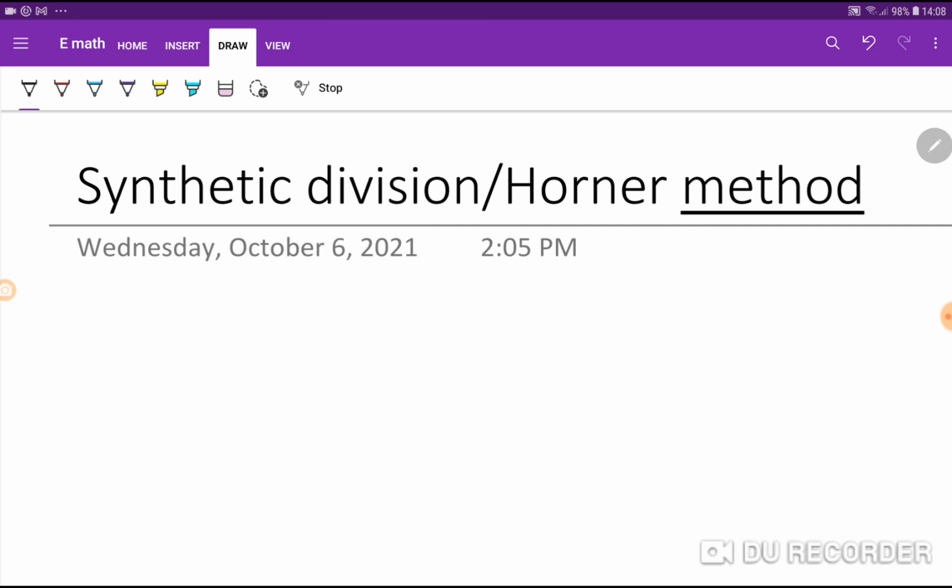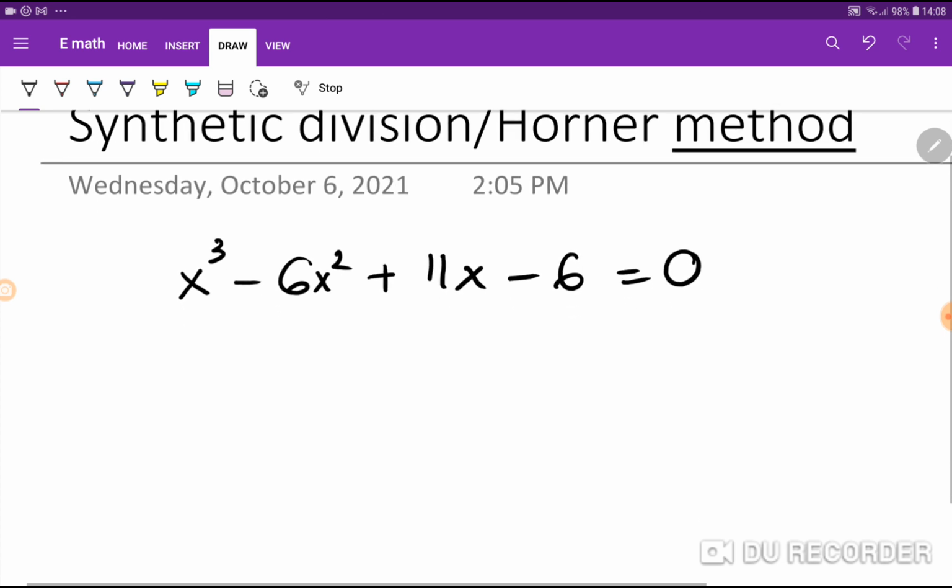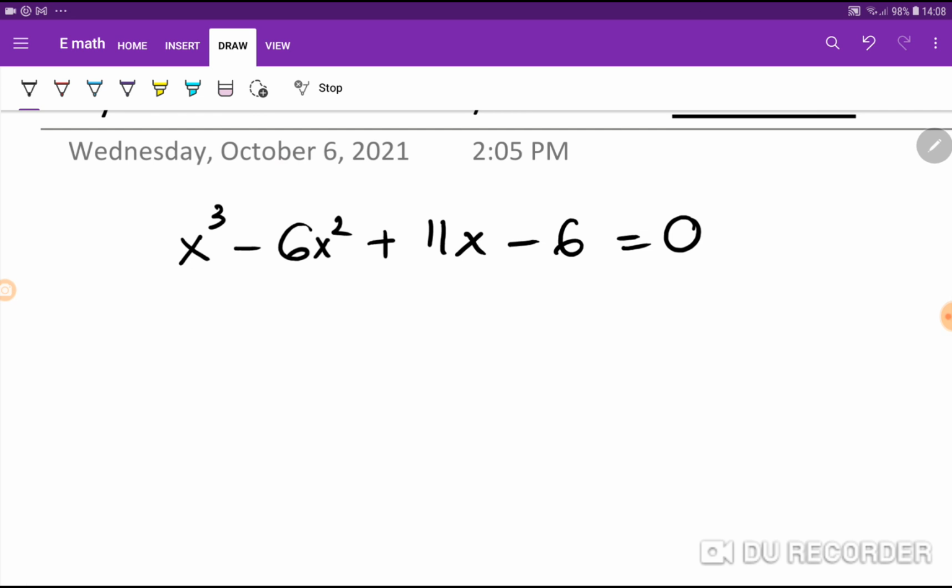Okay, so let's say you have this polynomial right here, 6x squared plus 11x minus 6 equals 0. Let's call this equation 1.